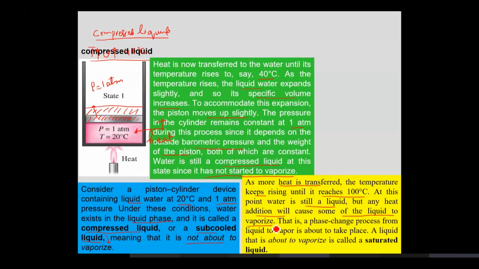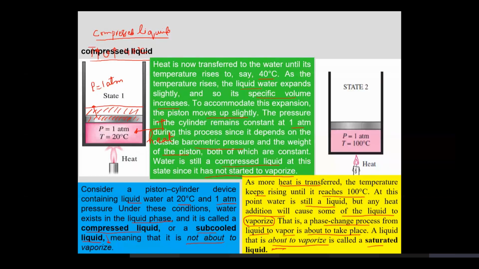Boiling of the water. Yes, it would result in the formation of vapors, or vaporization. That is, a phase change process from liquid to vapor is about to take place. A liquid that is about to vaporize is called saturated liquid. Is this point clear? Yes, sir.